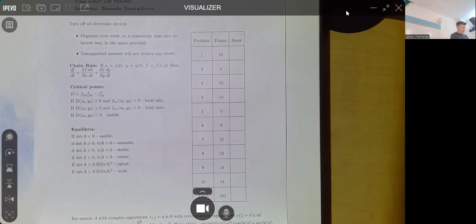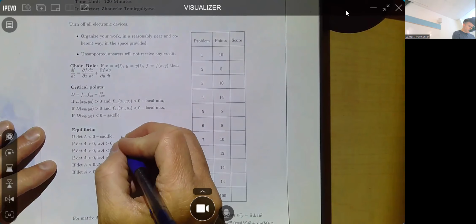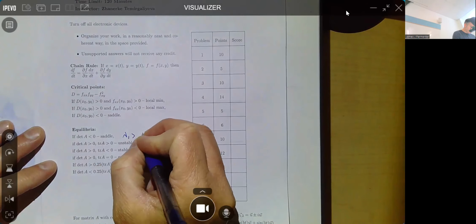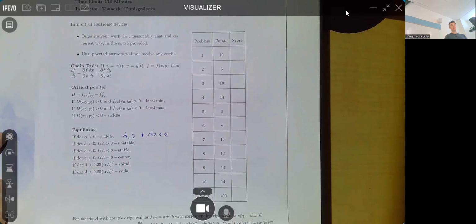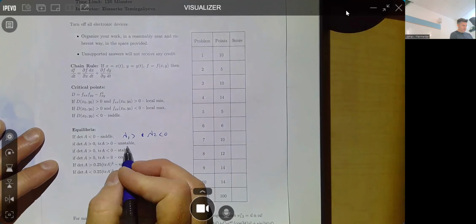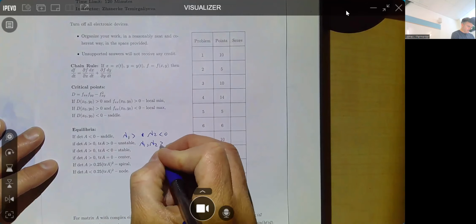if I was taking this test, I would say, yes, that's true, but I would also say lambda 1 positive, lambda 2 negative, because that's how I think about having a saddle. One of the eigenvalues is positive, one of the eigenvalues is negative. And then for being unstable, that's where both lambda 1 and lambda 2 are positive.